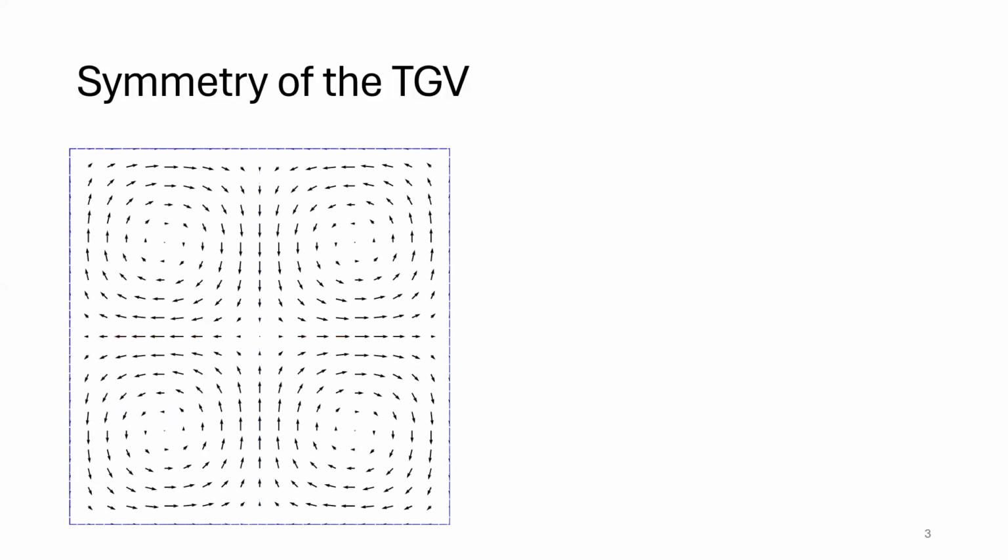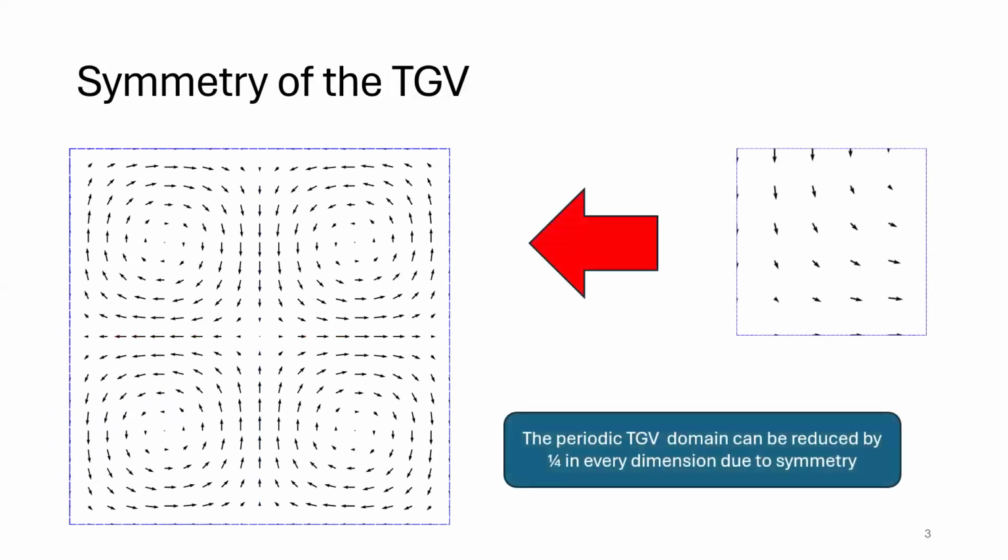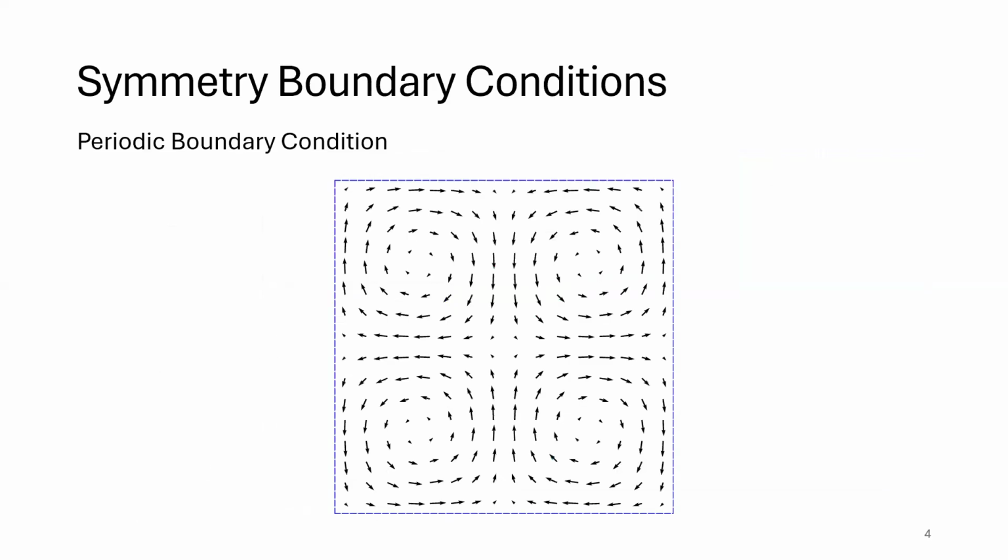So as we see, we just need this little part of the initialization to have a representation of the full domain. So the periodic Taylor-Green vortex, which is periodic in 2 pi intervals, can be reduced by 1/4 in every dimension. So as we have seen, we just need 1/16 of the periodic full domain we standardly simulate. And in 3 dimensions, it's even 1/4 to the power 3, so 1/64 of the full domain.